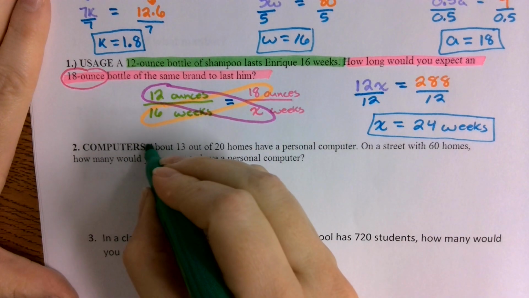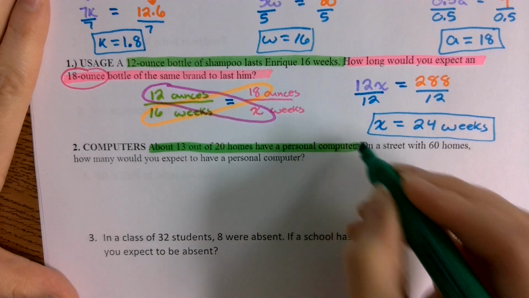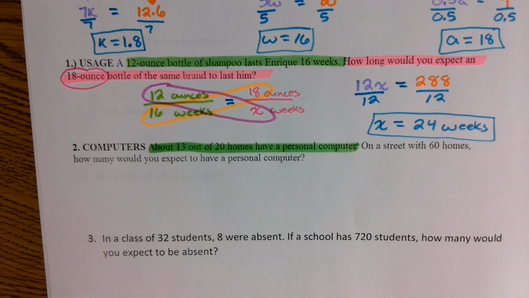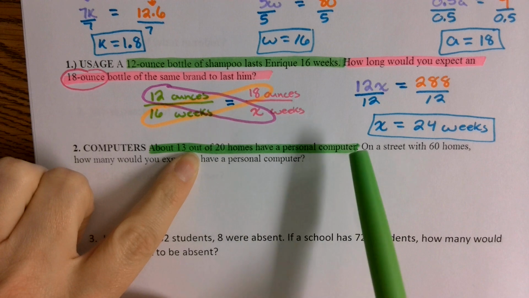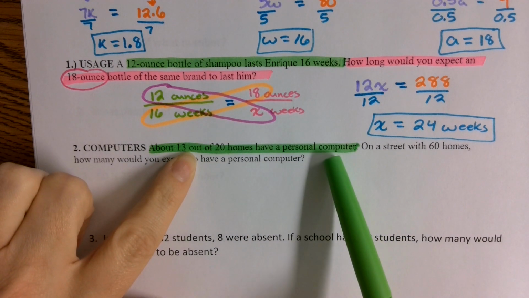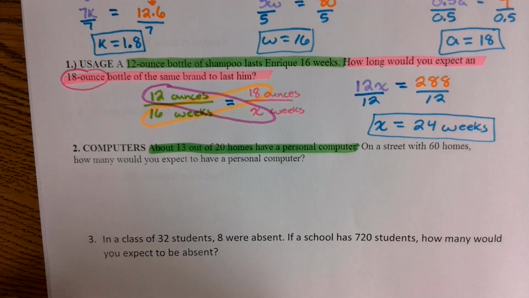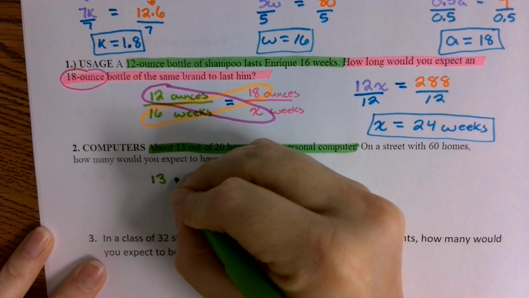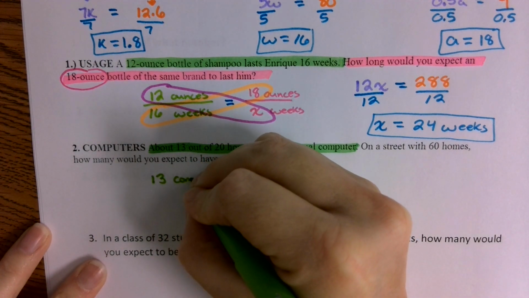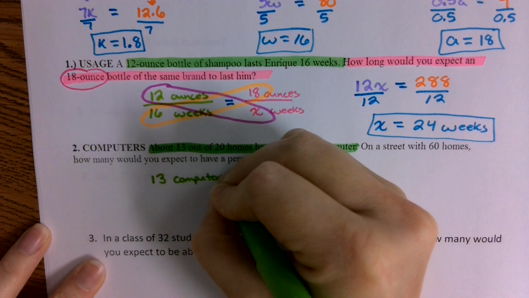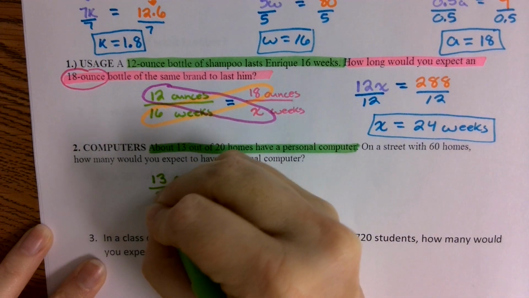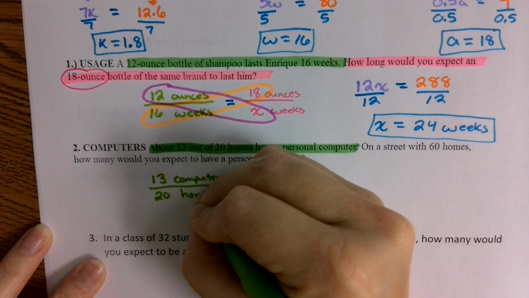I'm just going to go ahead and just do 13 over the 20. So 13 represents how many homes have a personal computer. 20 represents all the homes, right? So we've got 13, we'll say, computers out of 20 homes.